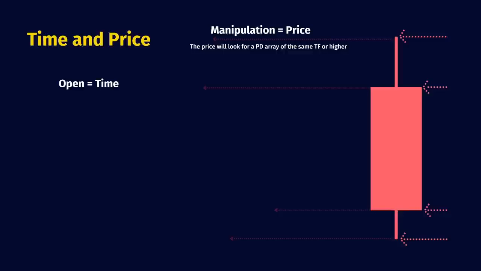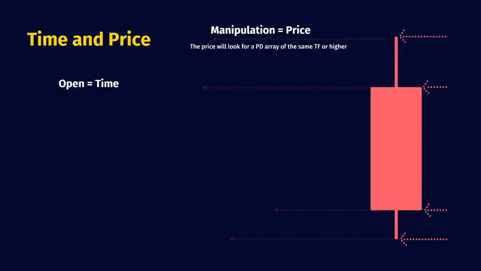So in every opening price, this is the time element. And when you say manipulation or distribution, you say price. It's the same for price, because when price opens, this is at a specific time.